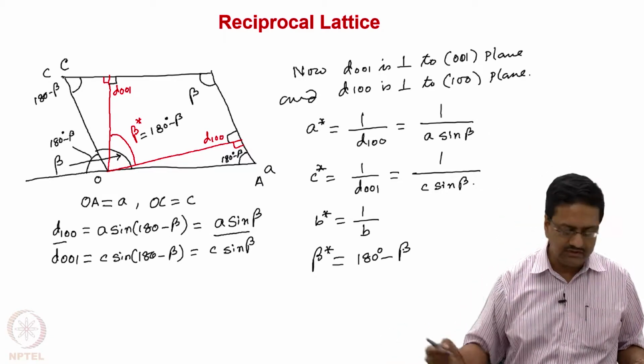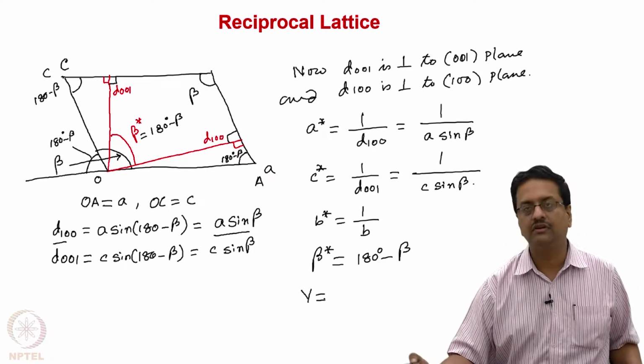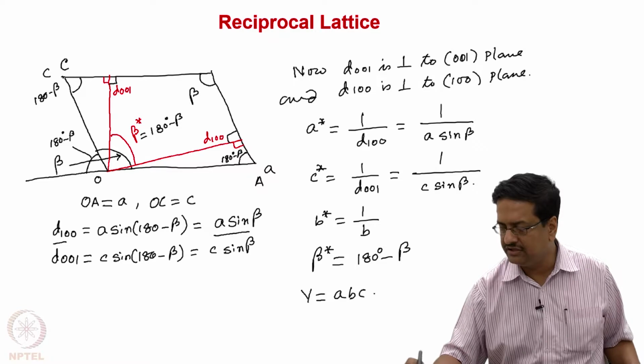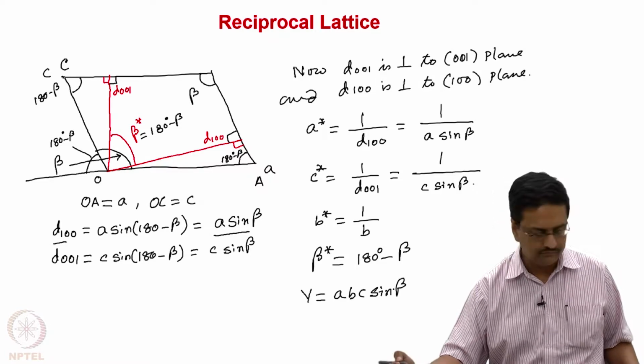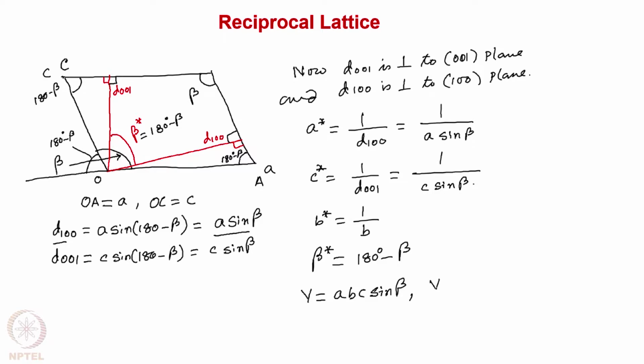So, if we try to calculate the volume of a monoclinic system, which is equal to ABC sin beta, the reciprocal lattice volume is nothing but V star equal to 1 by V, which is equal to 1 by ABC sin beta, or equal to A star, B star, C star sin beta star.